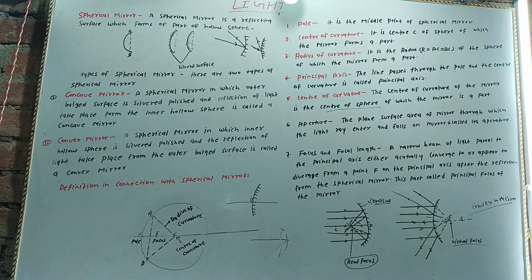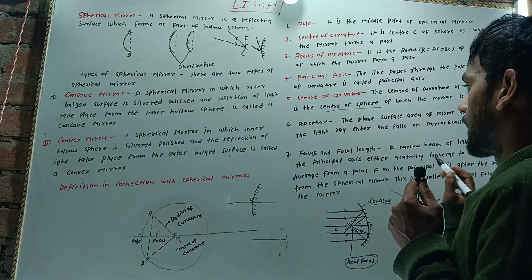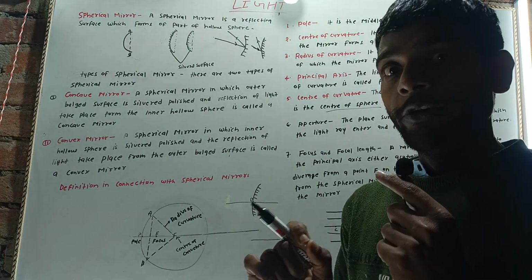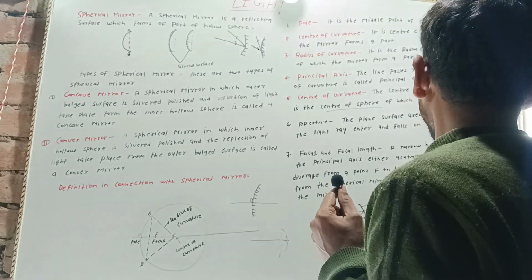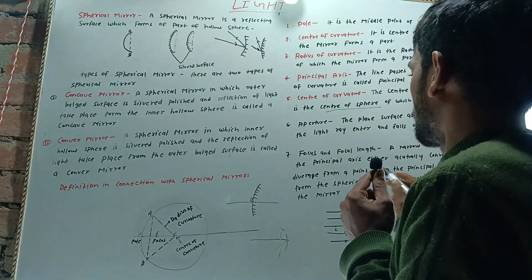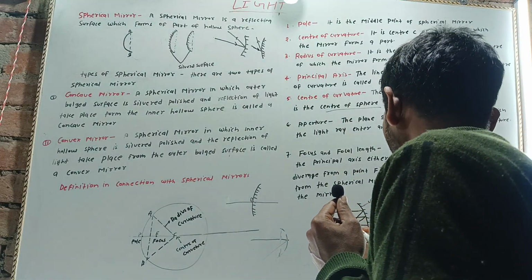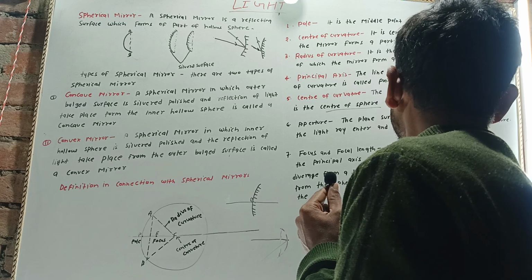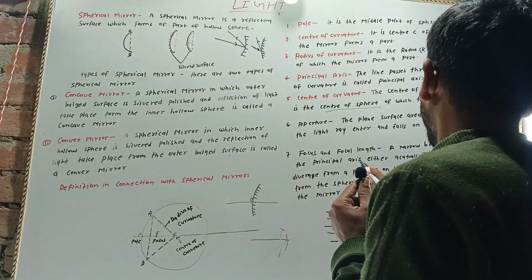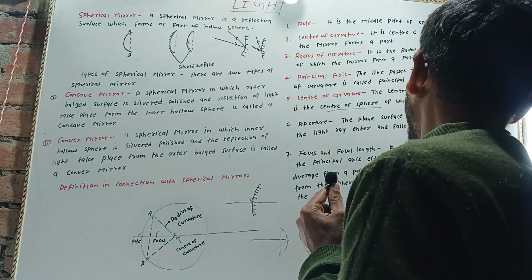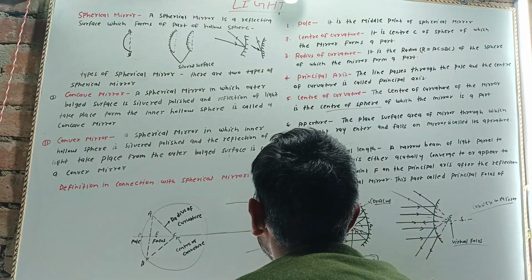Focus and focal length. This is important. What are the focus and focal length? A narrow beam of light parallel to the principal axis either actually converges to or appears to diverge from the point F. This is the principal axis and this is a parallel beam of light.